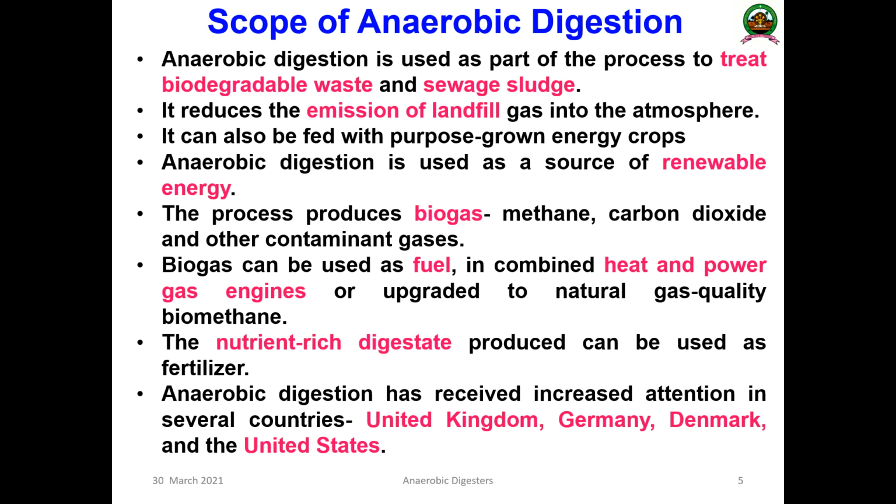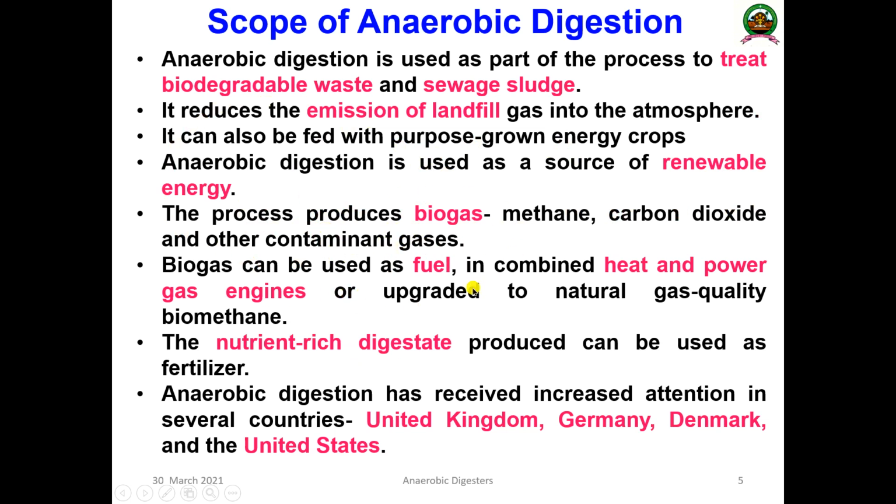Anaerobic digestion is used as part of the process to treat biodegradable waste and sewage sludge, which reduces the emission of landfill gas into the atmosphere, and it can also be fed with purpose-grown energy crops. Anaerobic digestion is used as a source of renewable energy, and the product is biogas such as methane, carbon dioxide, hydrogen and other gases.